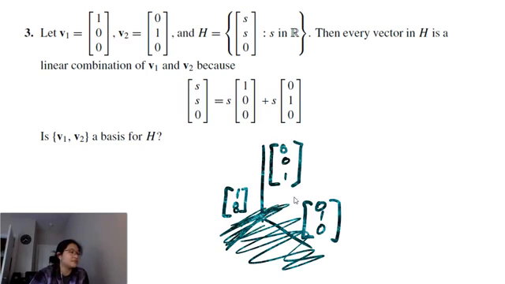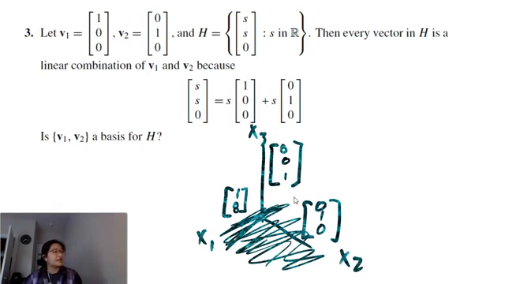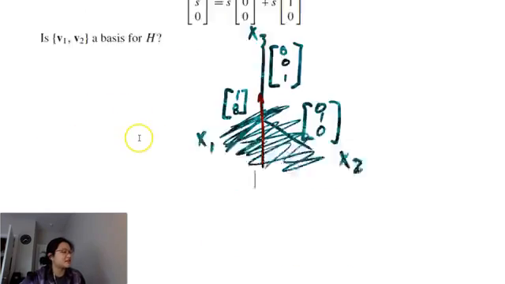So our kind of flat plane for x1, x2, this is the x1 direction, x2 direction, x3 direction. That's going to be our span of v1, v2, and H is only a line here. A line going through all of that and going backwards. So, no.